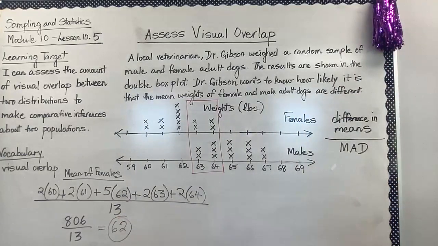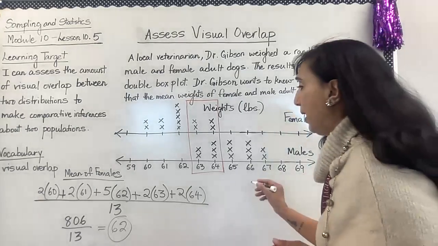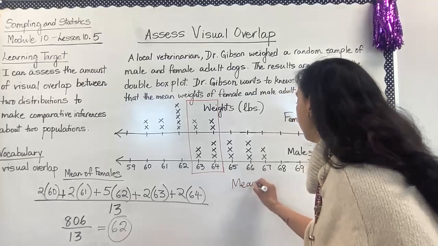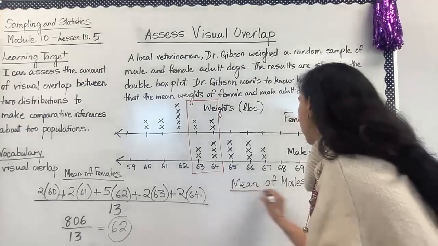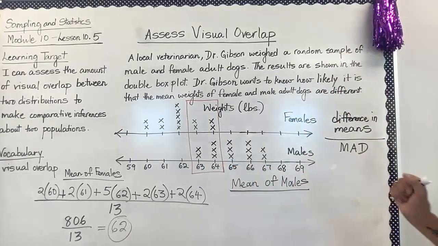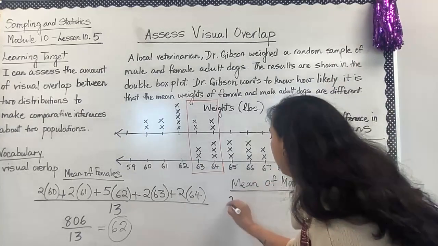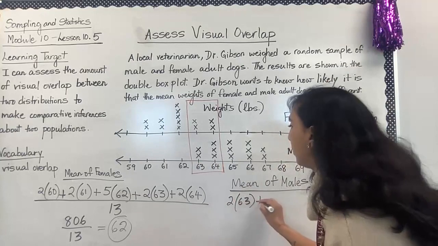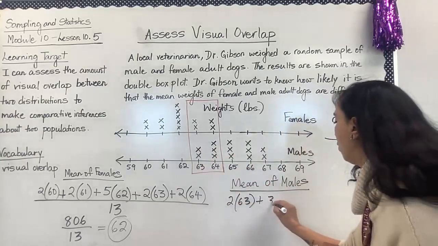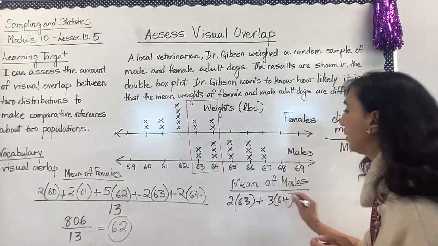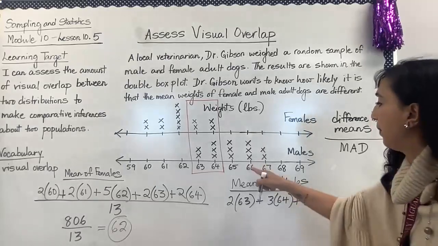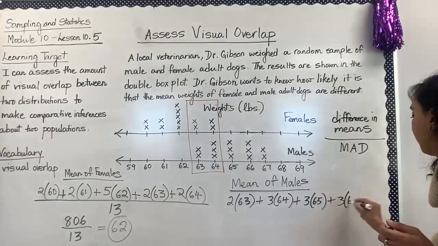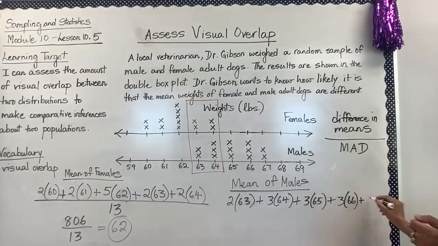Now, let's talk about the males, because you've got to find both the means. So for the males, the mean of males is going to be, let's look over here, 2 times 63 plus 3 times 64 plus 3 times 65 plus 3 times 66 plus 2 times 67.